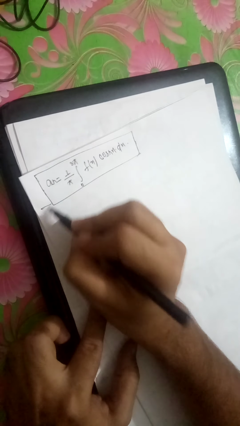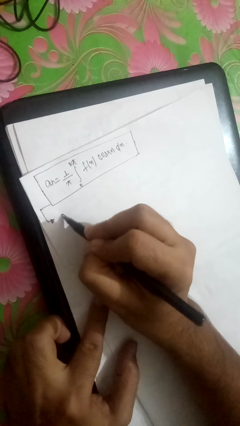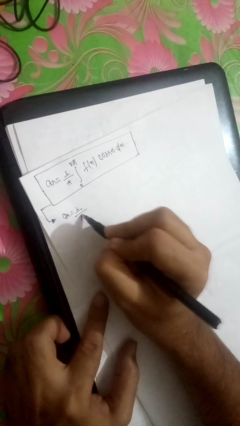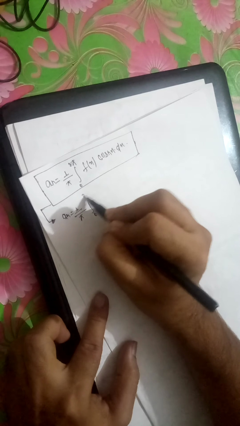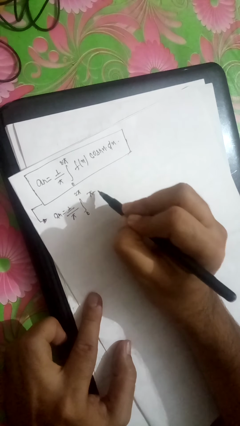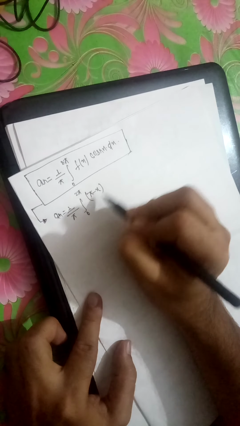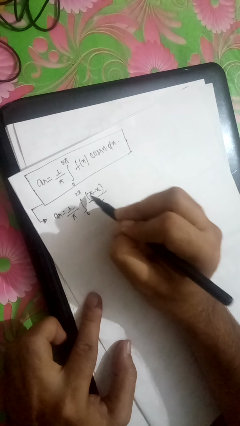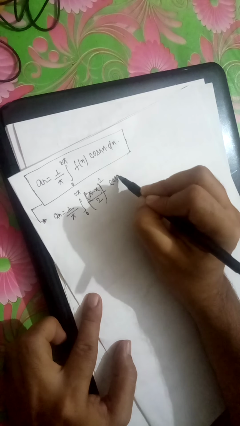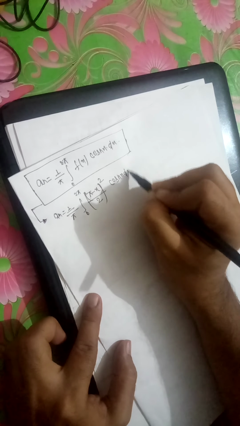Okay, let's just start. An is equal to 1 upon pi times of 0 to 2 pi. What is the fx? Fx is equal to pi minus x upon 2 whole square times of cos nx into dx.